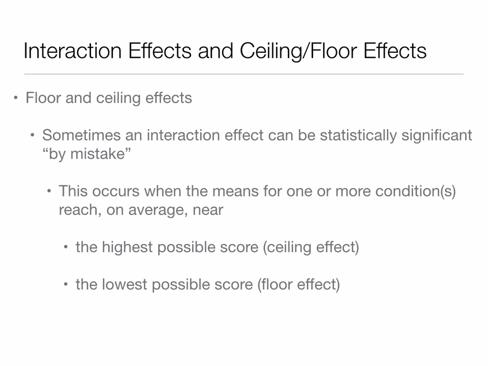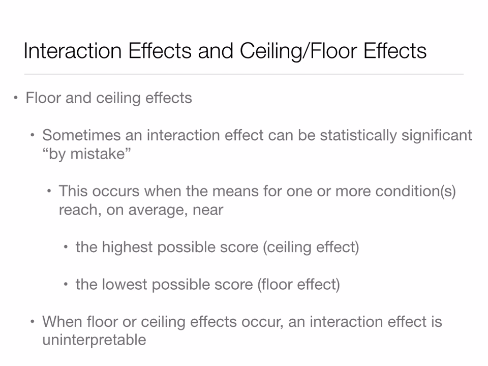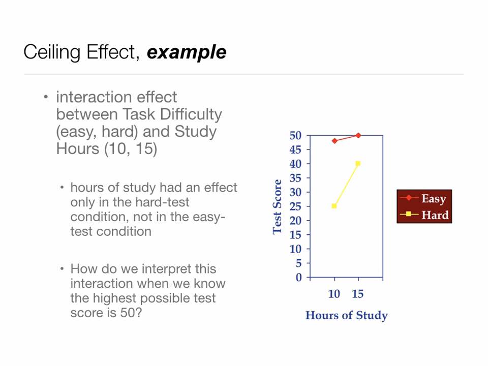Nobody wants any of your cookies because there's some strange looking cookie, or maybe they're moldy cookies. We're all at the lowest possible score. There's a floor effect. And when this happens, any interaction that it looks like there may be is actually uninterpretable because we don't know if we were to extend the ceiling or extend the floor, if that would still be there.